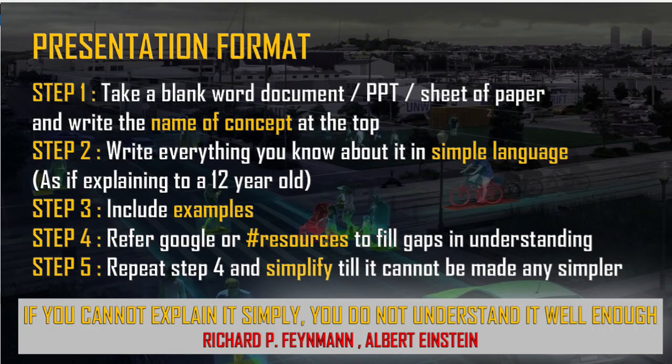And right after writing everything you know in simple language, you will include some examples, and you will try to make a presentation such that a person with no experience can actually understand it. Sounds simple, but actually is quite hard, I think.